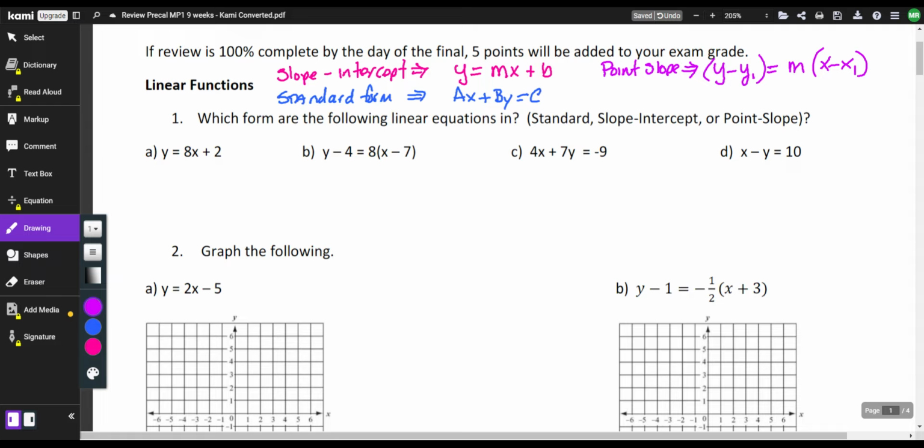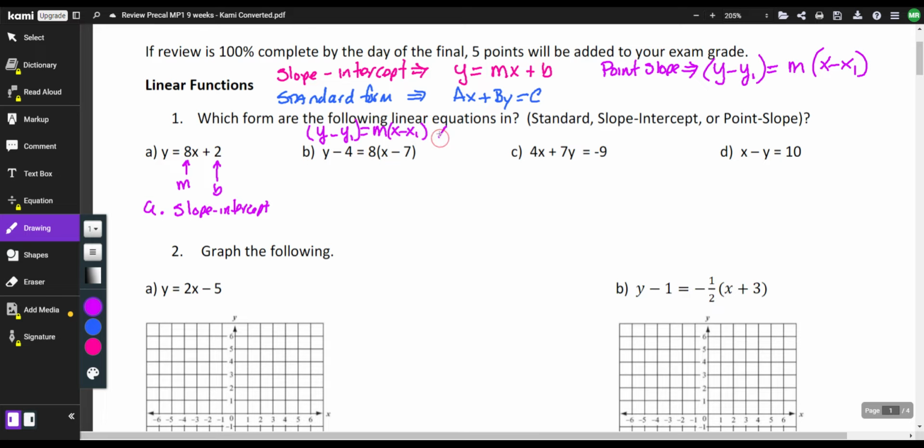So let's take a look. If you wanted to identify, well, this looks like y equals mx plus b. This would be the slope, and that would be your y-intercept. So A is going to be slope-intercept form. B looks like y minus y1 equals slope times x minus x1.